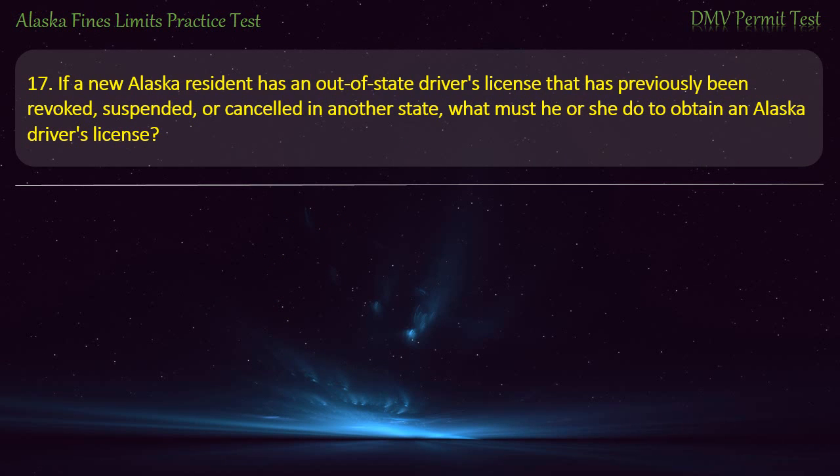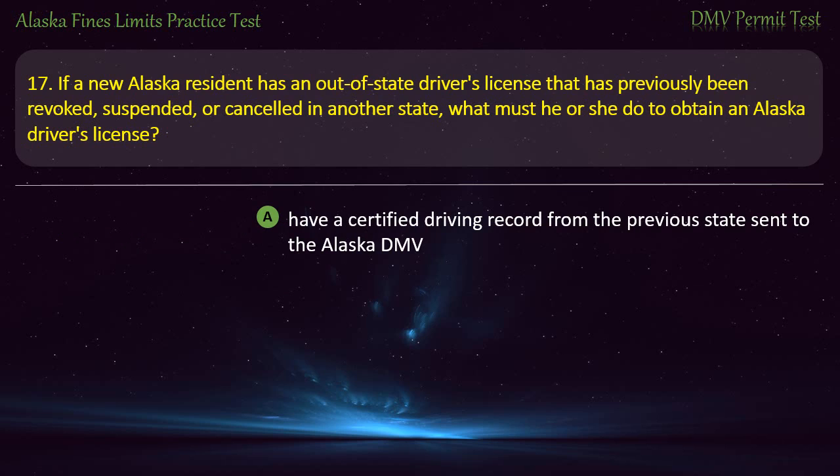Question 17. If a new Alaska resident has an out-of-state driver's license that has previously been revoked, suspended, or cancelled in another state, what must he or she do to obtain an Alaska driver's license? Have a certified driving record from the previous state sent to the Alaska DMV.